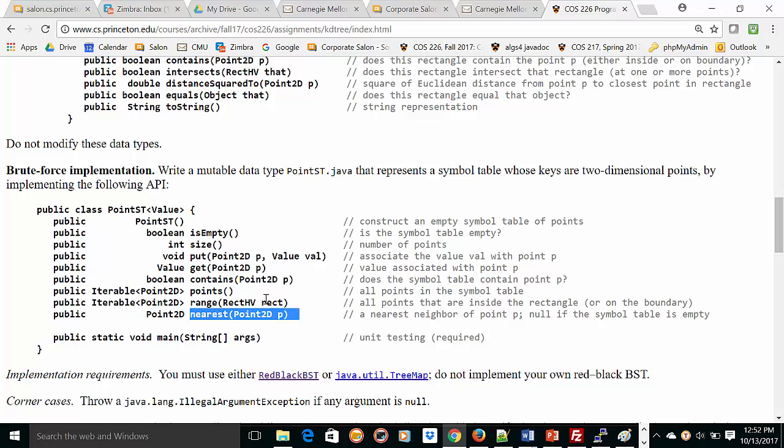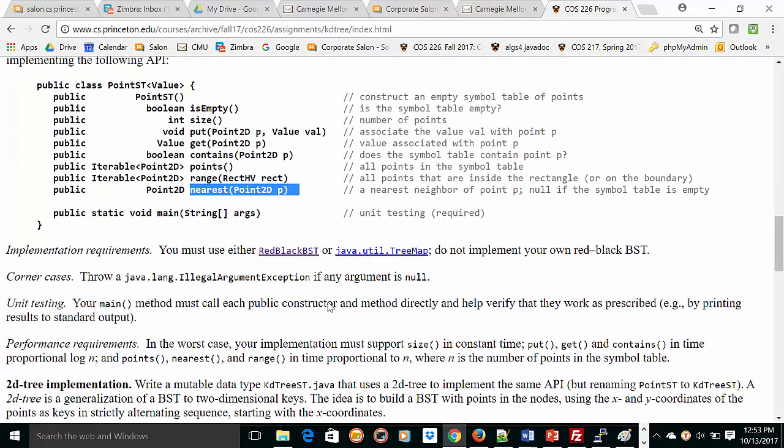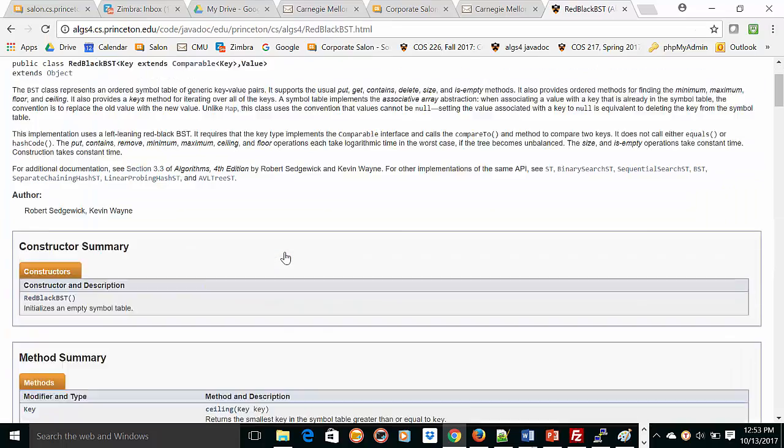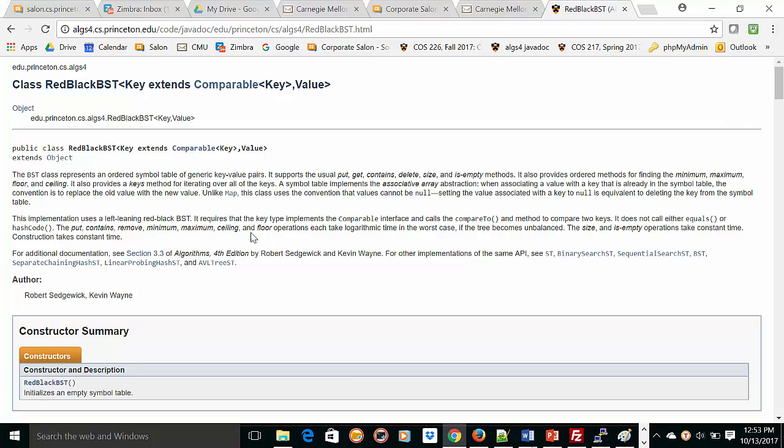My advice to you is that the first implementation is a brute force implementation. That means you use the red black BST data structure, which has methods such as put, get, contains, and other things that you can directly use to build these. So you create a red black BST of point2D and value, and you may want to look at the API to understand that.